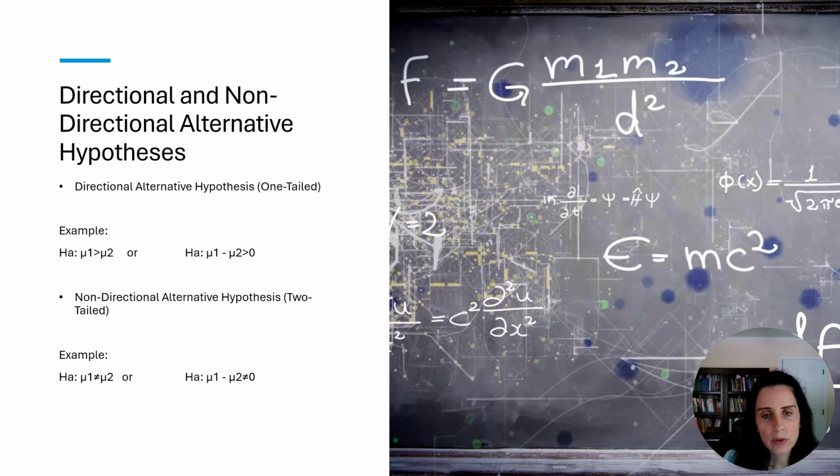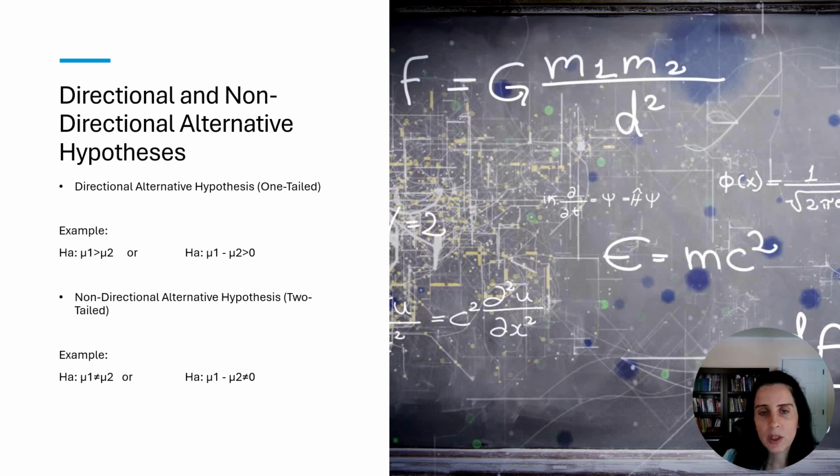A non-directional alternative hypothesis does not specify the direction of the expected effect or difference. It simply states that there is a difference or effect, but does not predict whether it will be higher or lower. This type of hypothesis is used when the researcher wants to test for any difference regardless of direction.